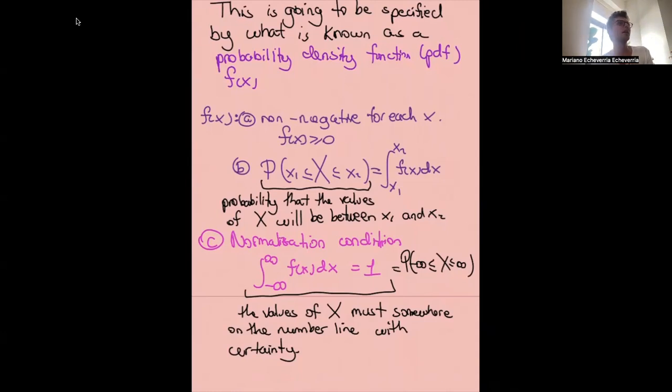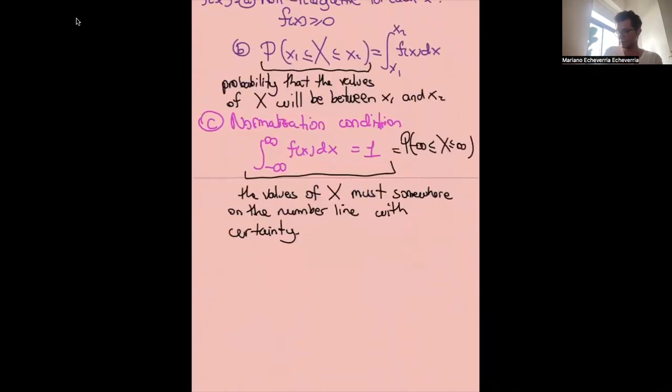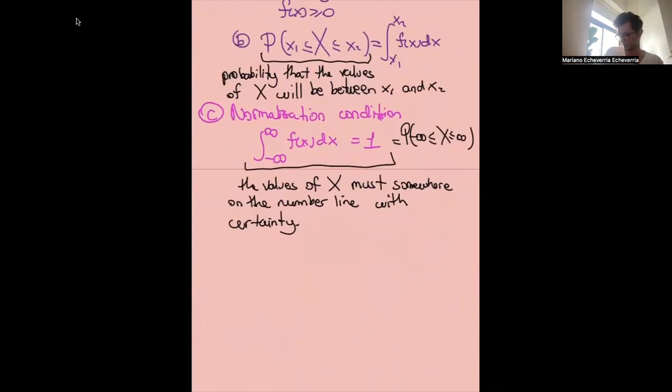So let me give you a quick example, which is the easiest example that you could define. This is the analog of the fair die, of saying that every side must be equally likely. So the analog of that is called the uniform distribution. So let's talk first about the uniform distribution.